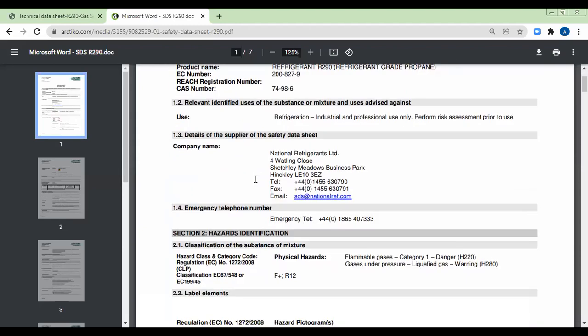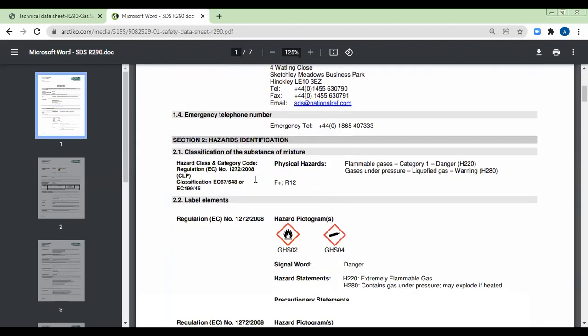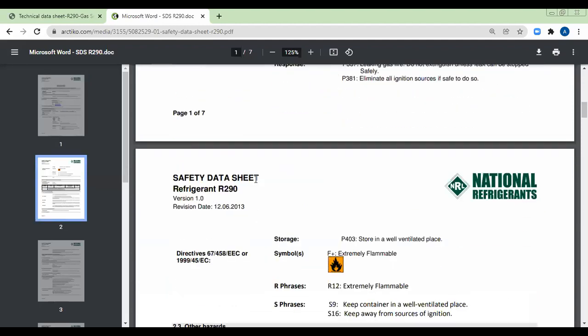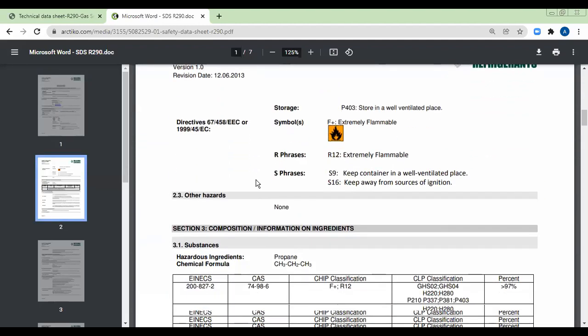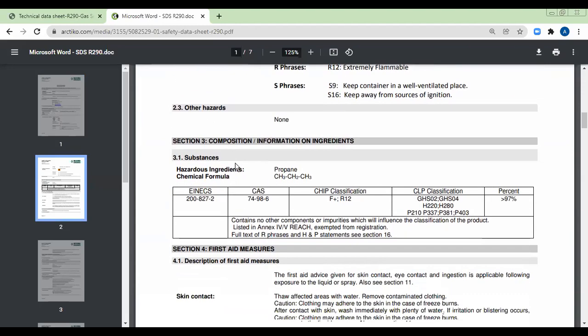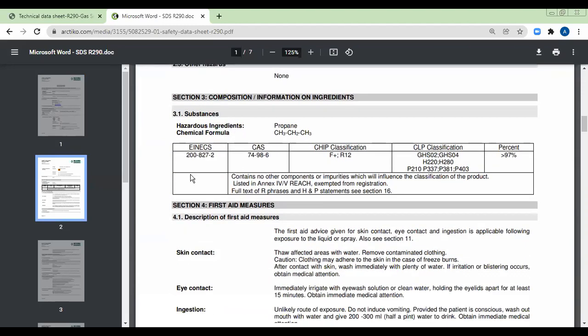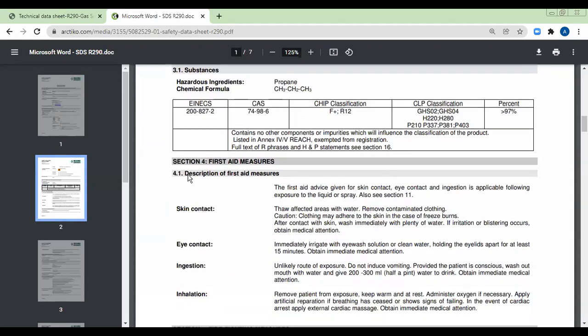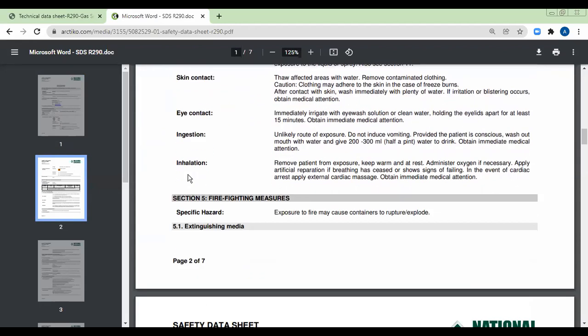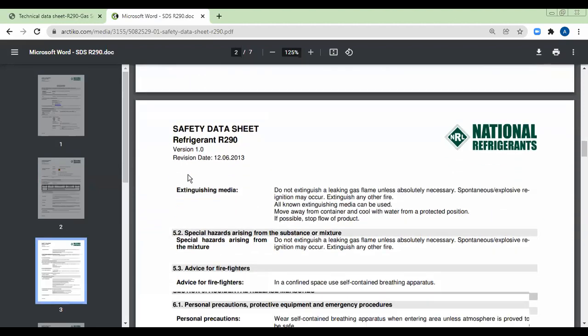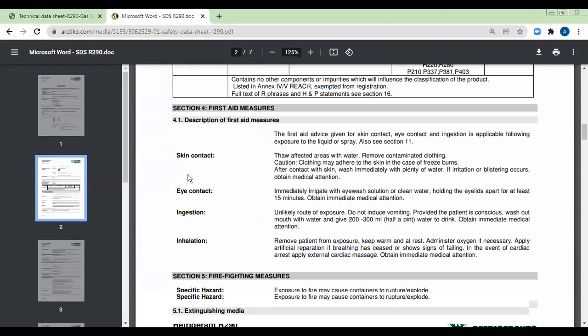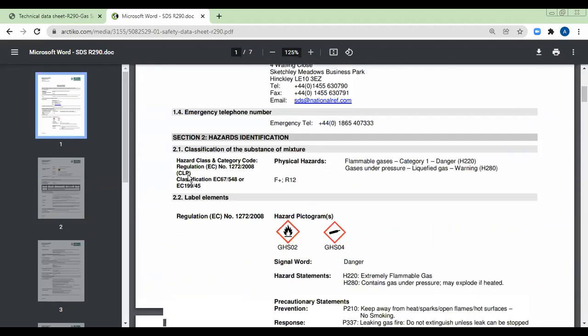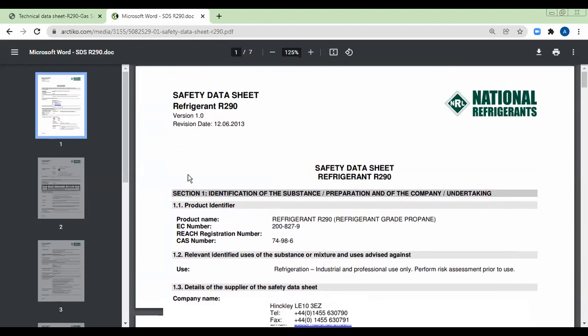You can see the information the manufacturers are providing. You can go through this and learn what safety data sheets mean.